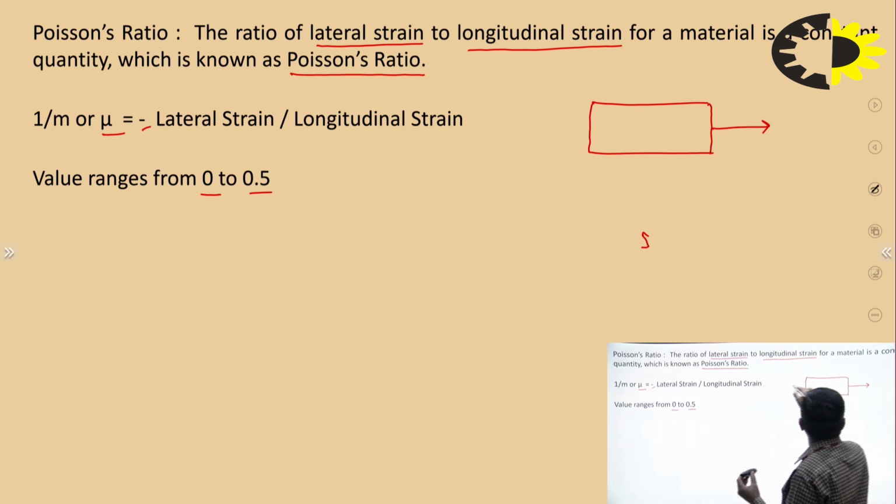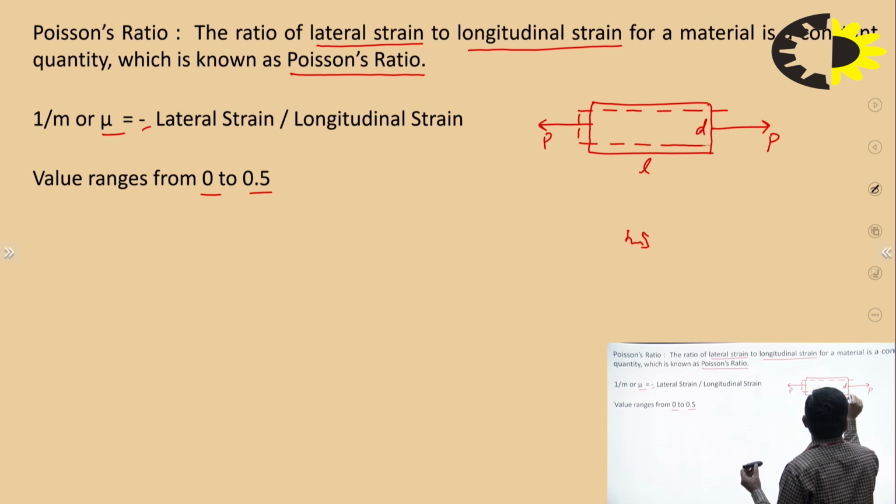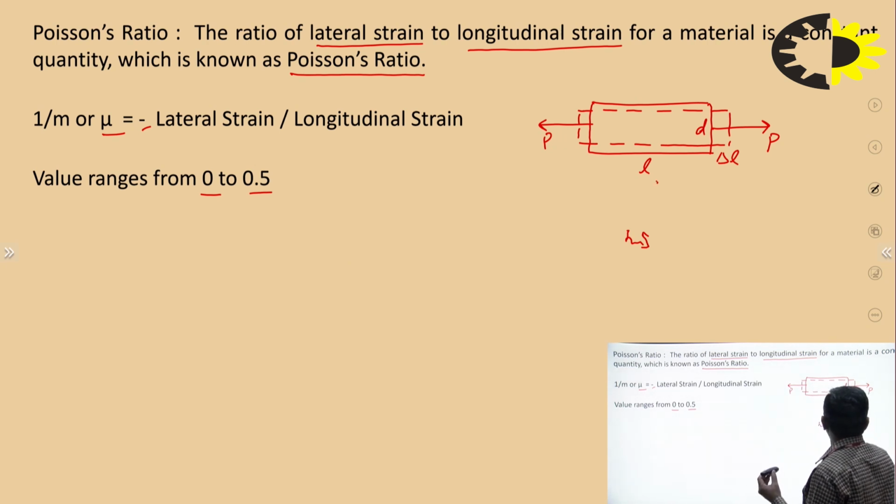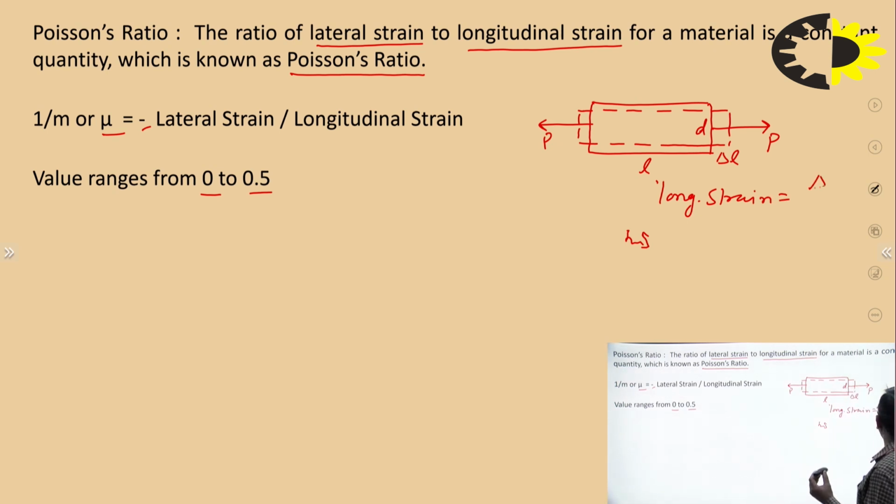If I say this body is subjected to a force P, L is the length, D is the diameter, and the length is increased by delta L. So longitudinal strain will be delta L upon L. Along with that, we are also observing that there is a decrease in the thickness.